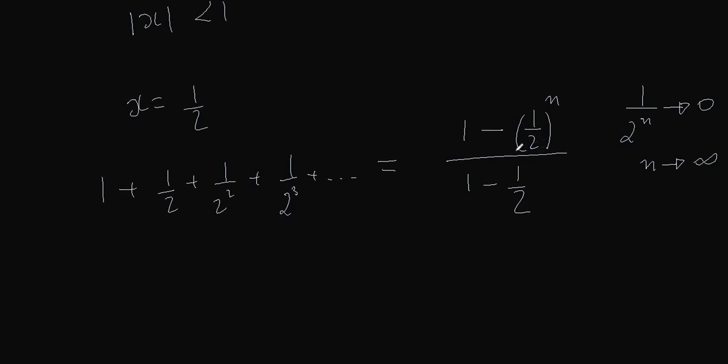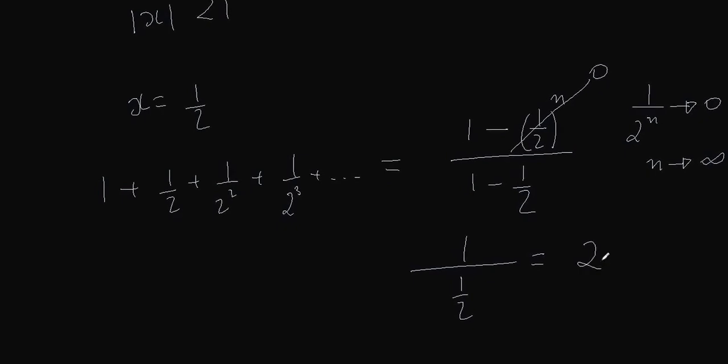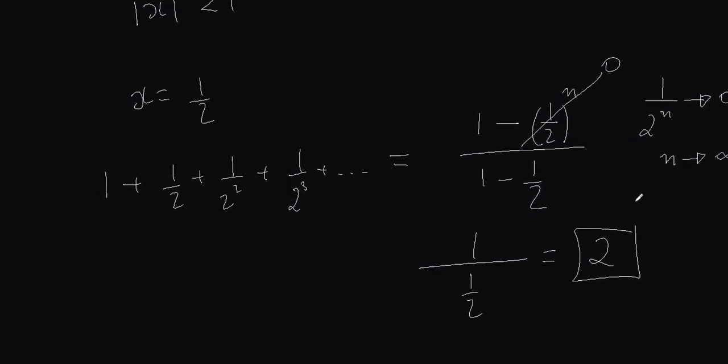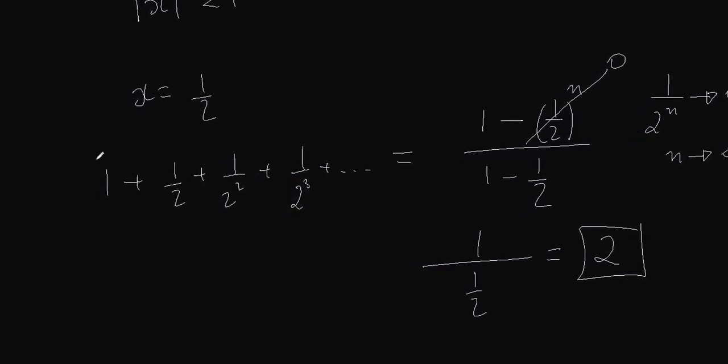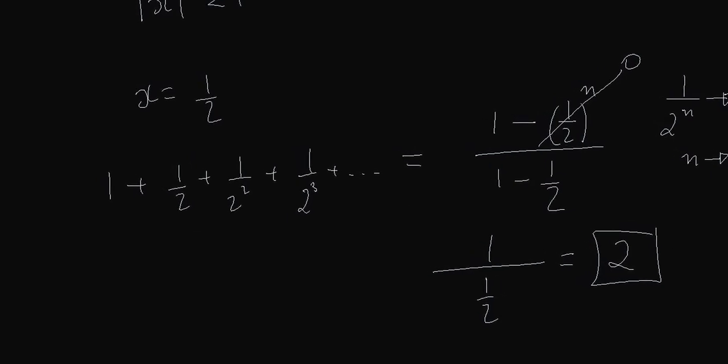So this goes to 0, and we are left with 1 over 1 minus a half, which is just a half, and 1 over a half is equal to 2. So this is the sum. That means that this infinite series has a value, and this value is equal to 2.